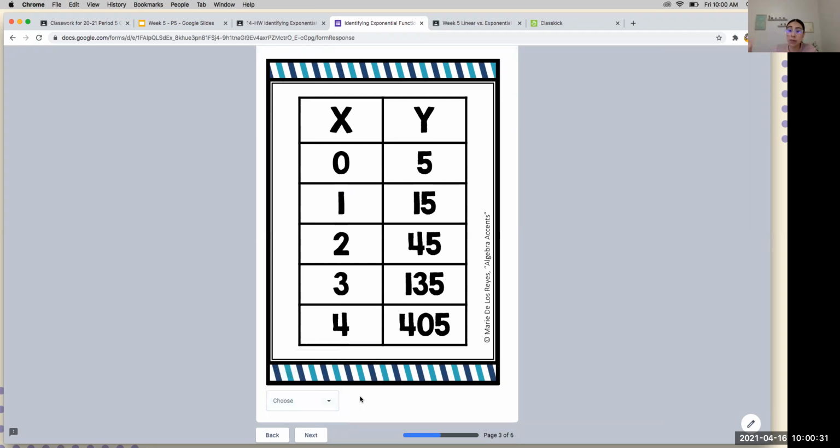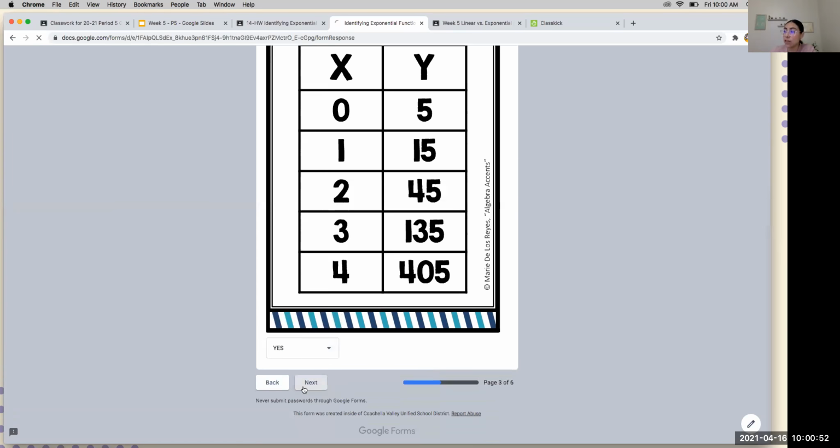Let's say you have something else, something crazy going on here. Sometimes we're adding, sometimes we're subtracting, sometimes it's neither. We don't care what it is, because if it's anything else, we say no. But if you see it's multiplying or dividing in your y pattern here, then you're going to say yes.